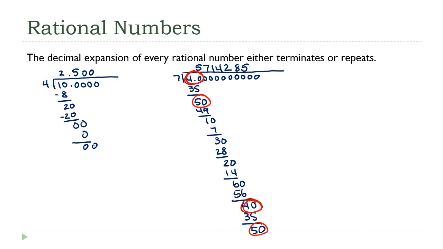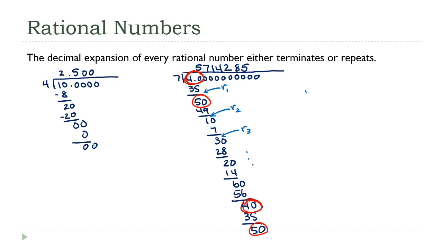Okay, so let's see how the pigeonhole principle comes into this. Let's call the numbers that I got from doing the subtractions the remainders. So 5 would be R1, 1 would be R2, 3 would be R3, and so on. Sooner or later this starts to repeat. So I have 10 possible digits for the remainder.